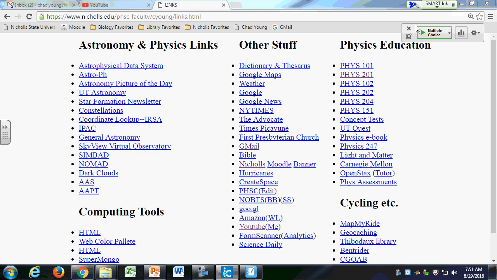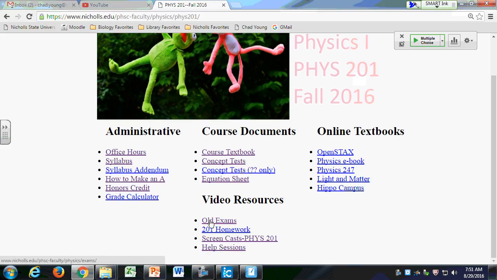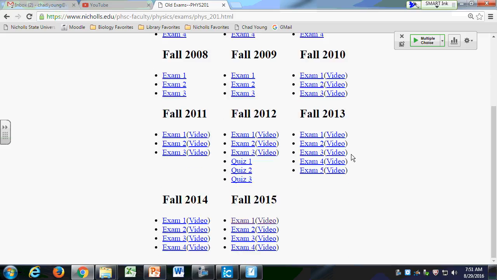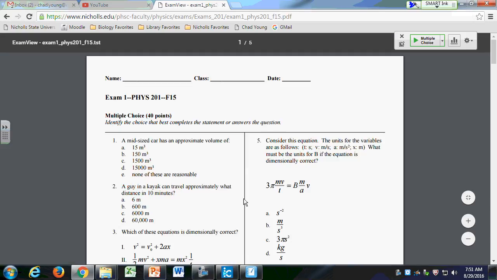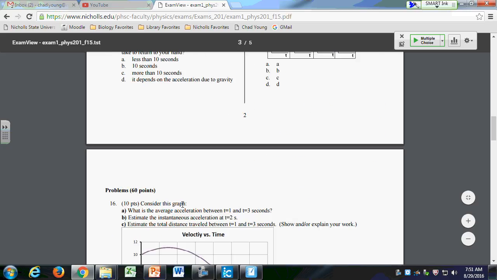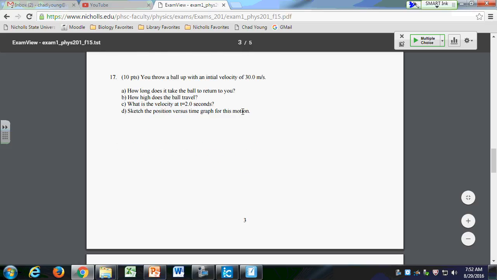You can go to your course website, go to the old exams, Physics 201, and you can find every exam that I've ever given, and you can go through and practice some of these problems. Like, see, there's some dimensional analysis. That's all chapter 2 stuff. This is something like what we just did with a graph, finding the area under it and finding the slope of it. That's going to be chapter 2 as well.